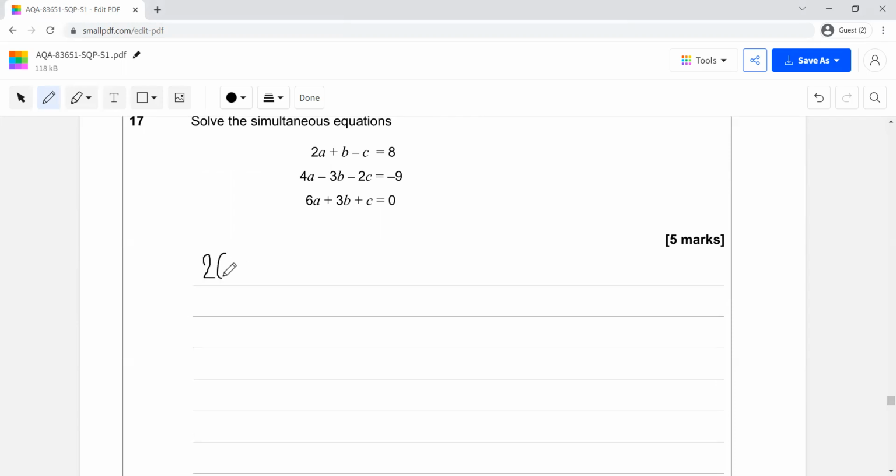So I'm going to say that 2 times (2a plus b minus c) minus (4a minus 3b minus 2c) is equal to 2 times 8 minus 9. Sorry, minus 9.